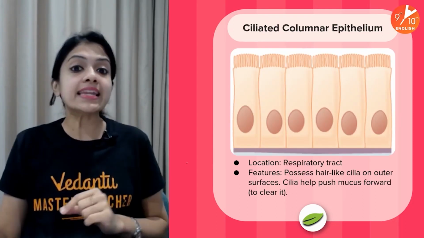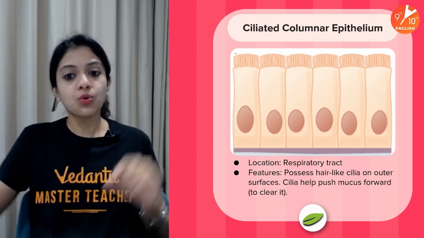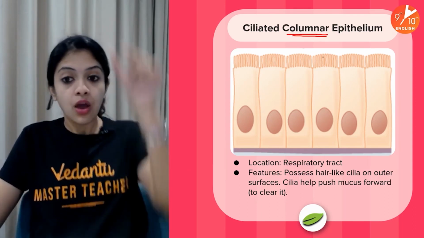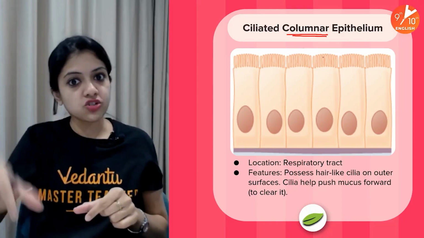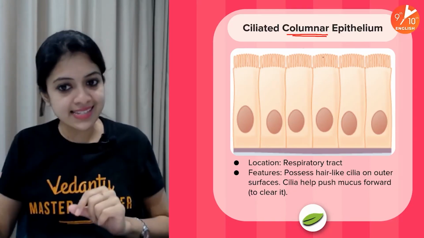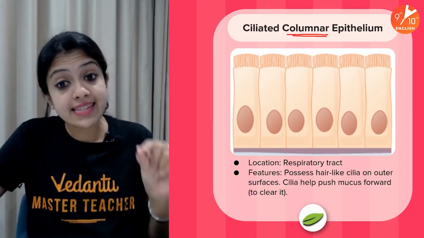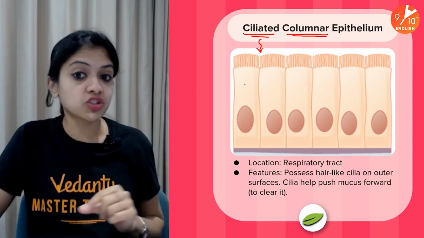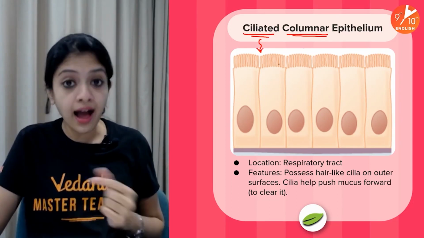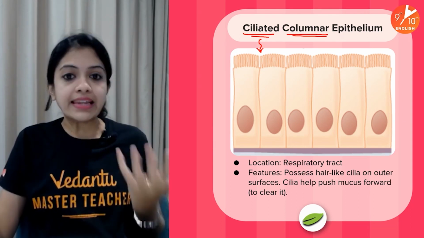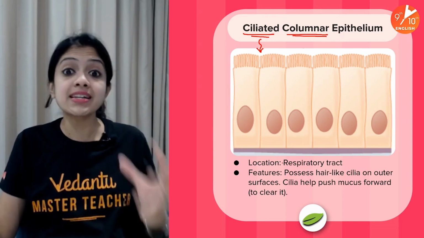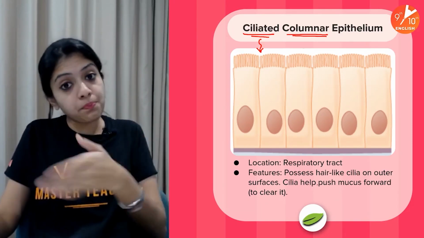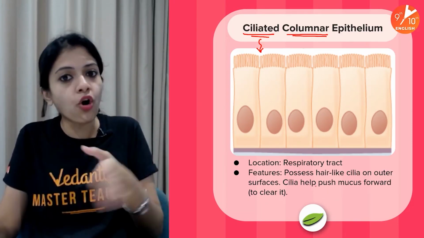Then comes ciliated columnar epithelium. Remember, the word column has to give you the hint here. What are columns? Long, slender structures like this. That's exactly how they appear. And ciliated columnar refers to these hair-like structures, cilia, which you find mainly in areas like the respiratory tract, where the cilia are able to brush up like a broom or a brush.